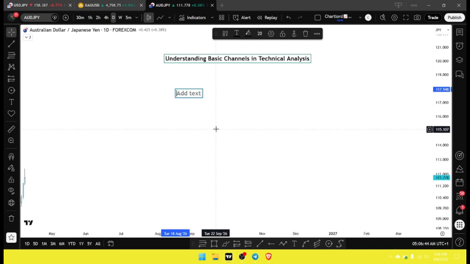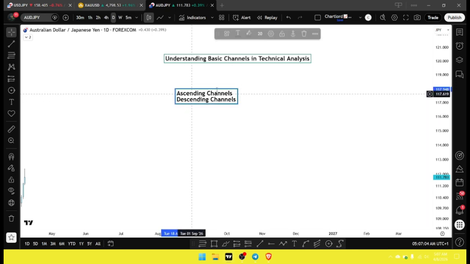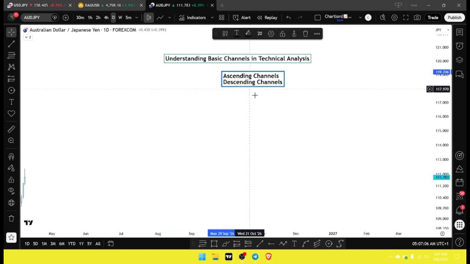We have the ascending channel and then we have the descending channels. Yes. So now, what are ascending channels and what are descending channels?